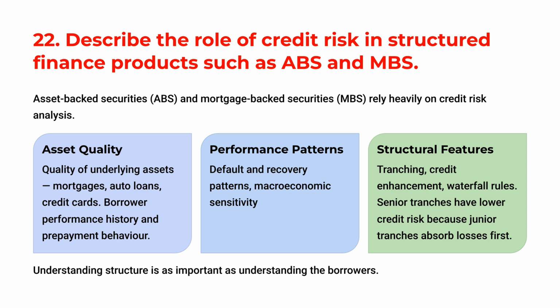You assess the quality of the underlying assets: mortgages, auto loans, credit cards, borrower performance history, prepayment behavior, default and recovery patterns, macroeconomic sensitivity, structural features, tranching, credit enhancement, waterfall rules. Senior tranches have lower credit risk because junior tranches absorb losses first. Understanding structure is as important as understanding the borrowers.